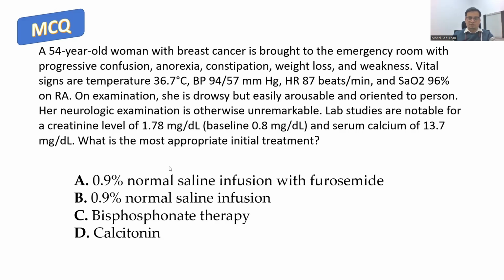So it's quite obvious from this MCQ that this is a case of hypercalcemia of malignancy or humoral hypercalcemia, and the symptoms are quite obvious. This patient also has high calcium, but it is not too high, 13.7, normal is 9 to 11.